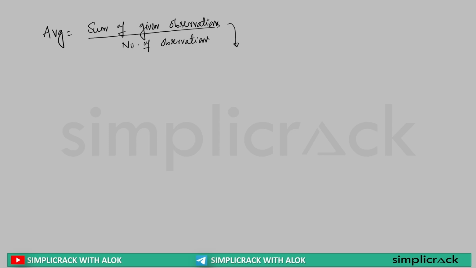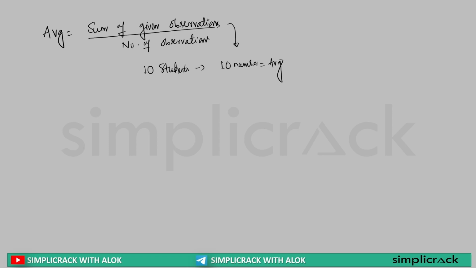For an example, 10 students have 10 numbers. Understand this carefully. 10 numbers means this is their average number.